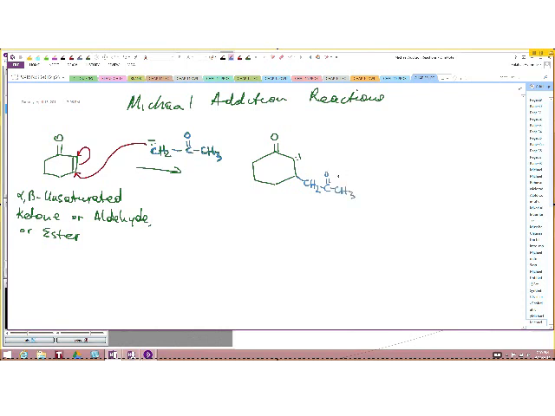And then, at this point, what you need to do is add dilute acid to protonate the enolate that you formed. Hydronium ion, and the enolate will simply come here and pick up the proton from the hydronium ion.